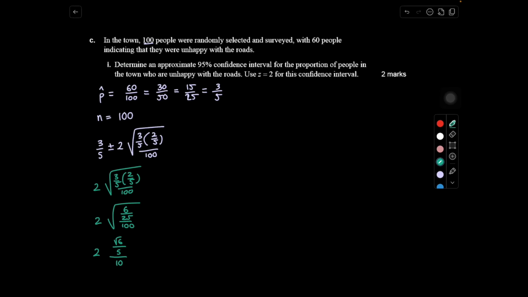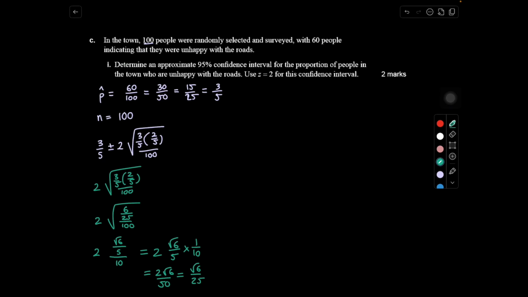And then remember that when you divide a fraction by a number like that, you can just write root 6 over 5 times 1 over 10. Remember that by dividing a number, you can just flip it and times it as well. And then this is going to get us to root 6 over 50. And then you can simplify it to root 6 over 25.